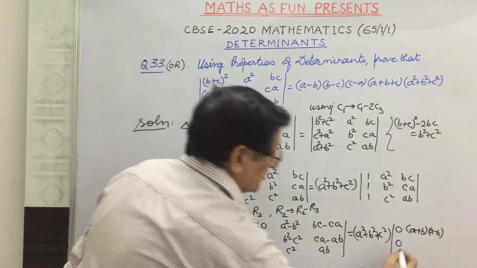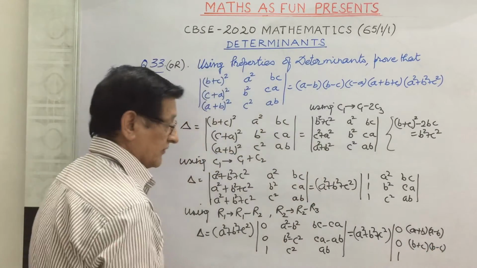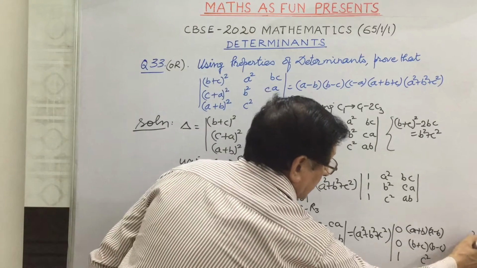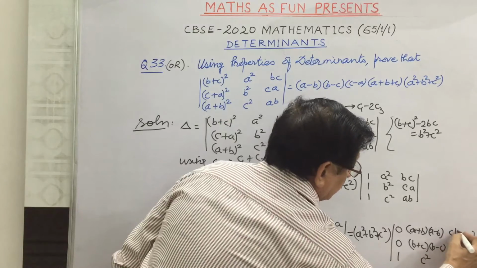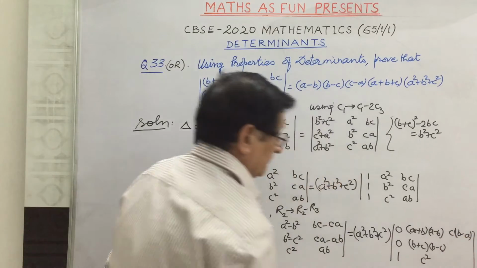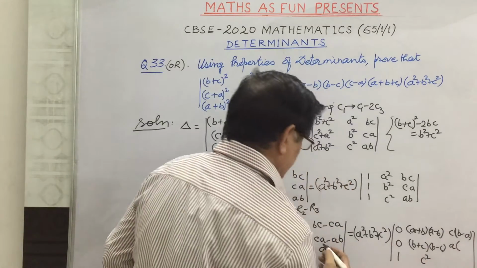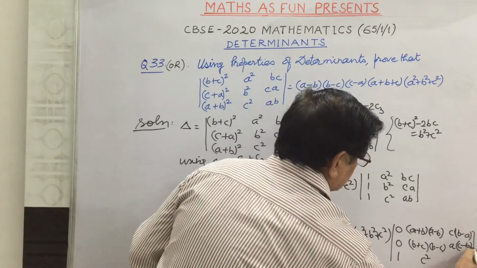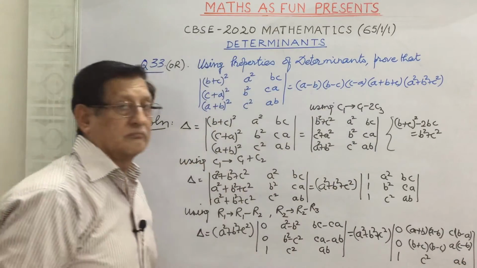Same way we can write this also, b plus c into b minus c, and this is c square. In the third column, if we take c common, this comes as b minus a. If we take a common here, this will be a into c minus b, and here it is ab.